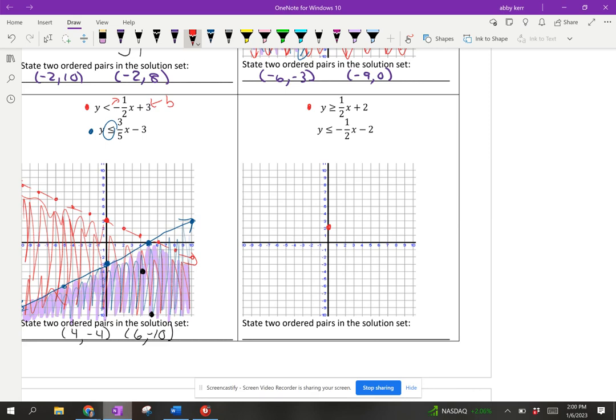So here we're going to plot it at a +2, and then the slope is up 1, right 2, up 1, right 2. And then you're going to do the opposite. Notice that it is greater than or equal to, so that equal to part makes it a solid line, and then greater means you're going to shade above.